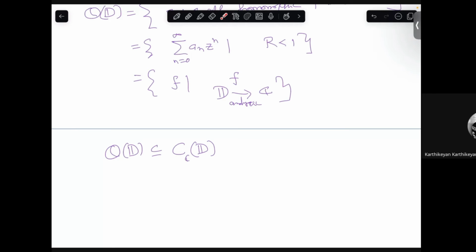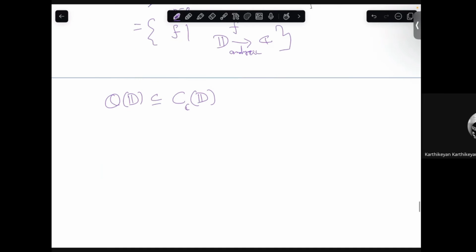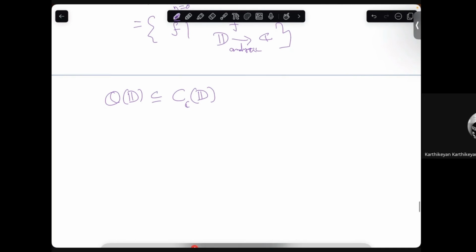It contains units. It is a ring which is commutative and has unity, but it does not have good properties, whereas this one has a really good property. What is the property? Let me tell you. It is actually an integral domain.